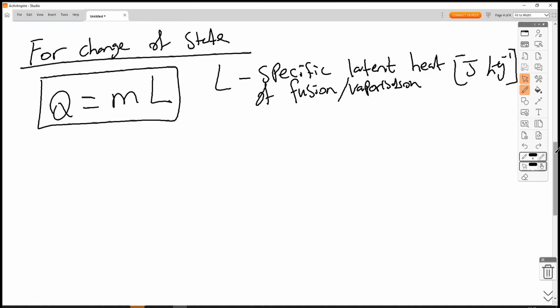So now we've just got two words to contend with, fusion and vaporization. So fusion is between solids and liquids, or the reverse.